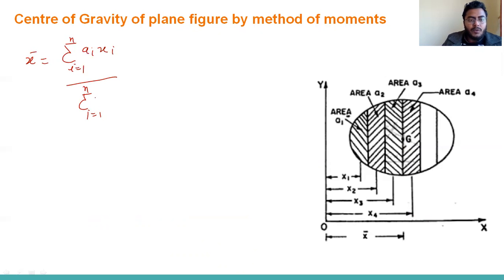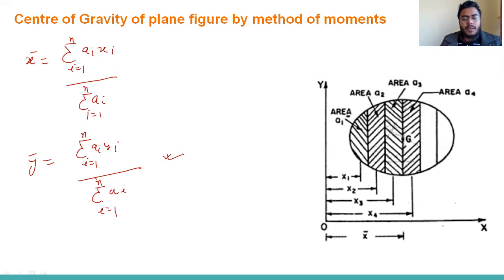Similarly, we can write for y bar also: summation of ai yi divided by summation of ai. So we divide the total area into a number of segments, and we have to choose them in such a way that we know the centroid of each area.